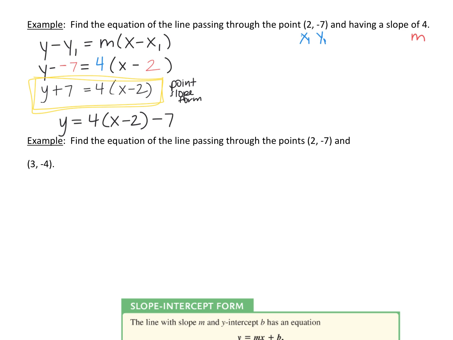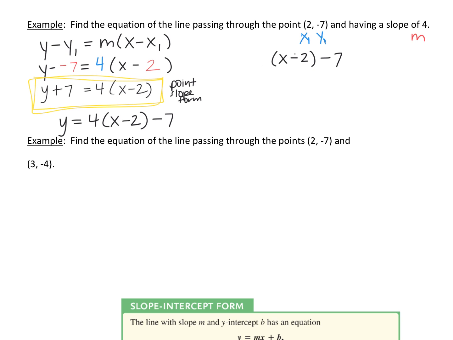But then if we take that a step further, you might be more familiar with distributing and solving like this. y equals 4 times x minus 2 minus 7. What am I doing? Forgot the y equals. Did I forget the 4? What is going on?